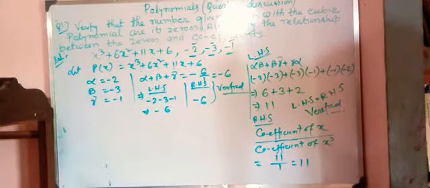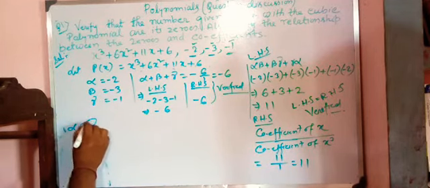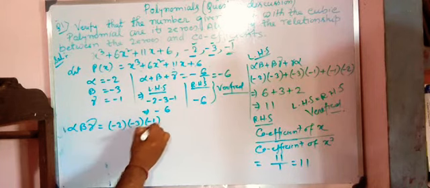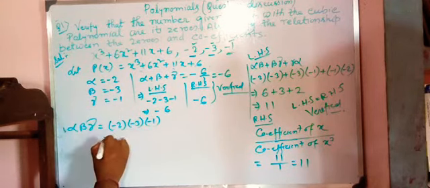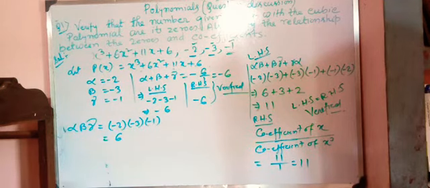Next, the product of the roots, that is alpha beta gamma, (-2) into (-3) into (-1), that equals -6.